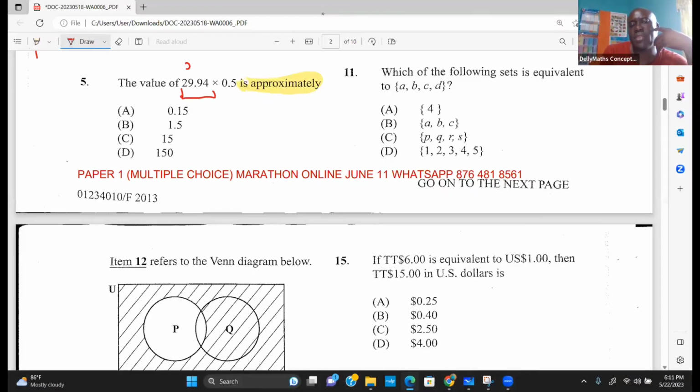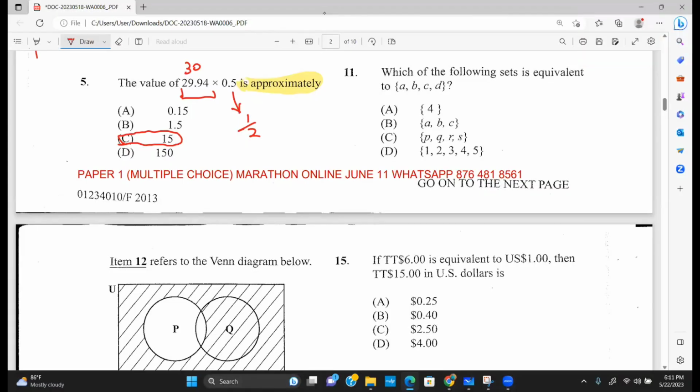So this is actually almost 30, and 0.5 is half of 30. Definitely it's 15, because 29.94 times a half, only 15 would represent half of that. No, Kevin, it's not about rounding anything.